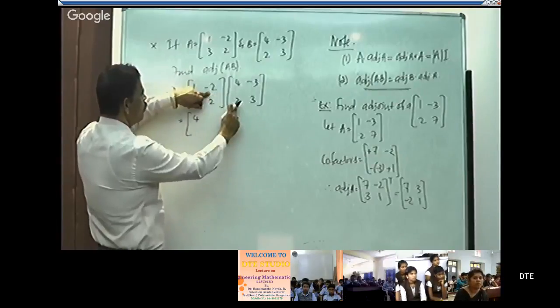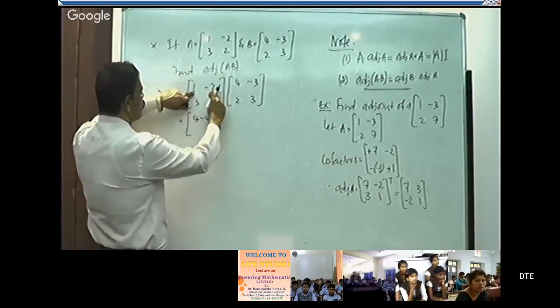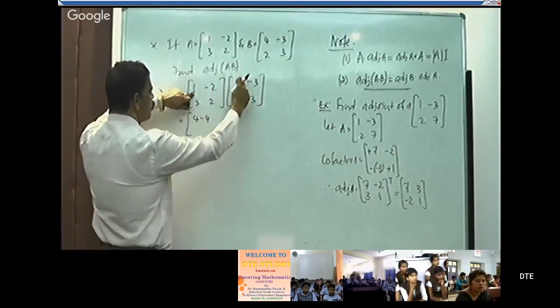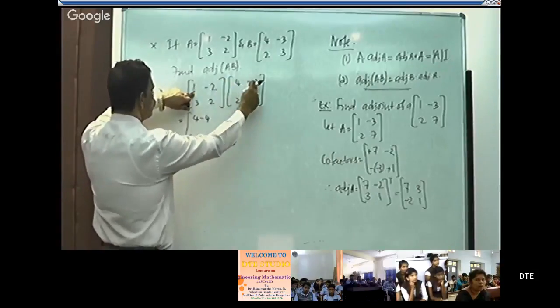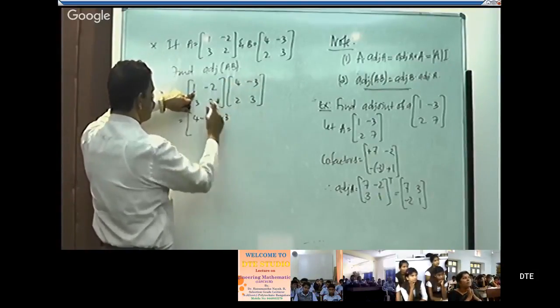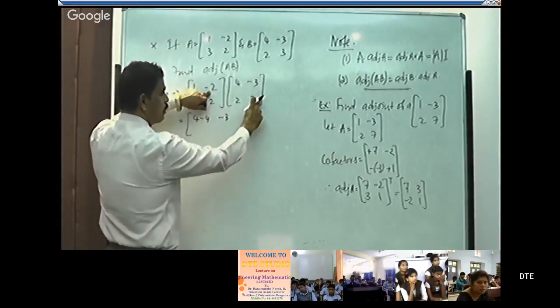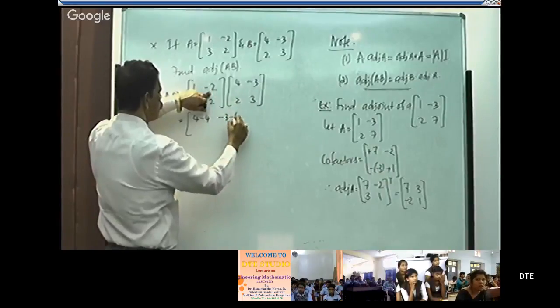Minus 2 into 2 is minus 4. First row, first column is over. Next, the same row should be multiplied with the next column. 1 into minus 3 is minus 3. Move forward along the row, move downward along the column. So minus 2 into 3 is minus 6.